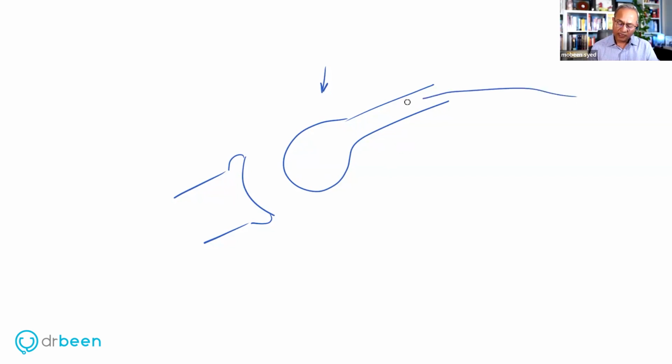So normally the impulse would come in over here, the neurotransmitter will be released, that would go and act on the second postsynaptic nerve, and then the impulse would continue. So impulse would come in, impulse would continue. That is what would happen normally. Now imagine that this person is given opioid for pain management. As I said before, opioid would cause the calcium channels to reduce in their activity.